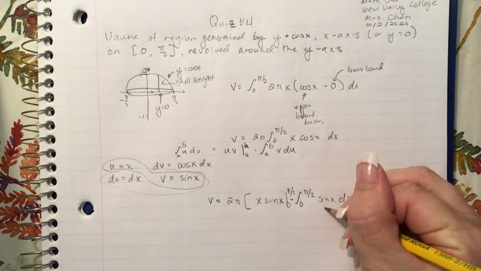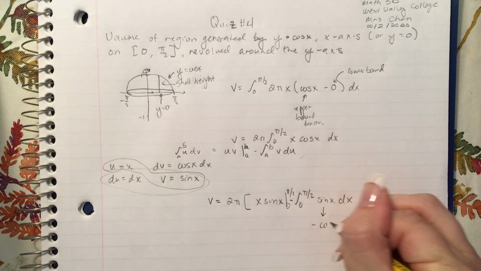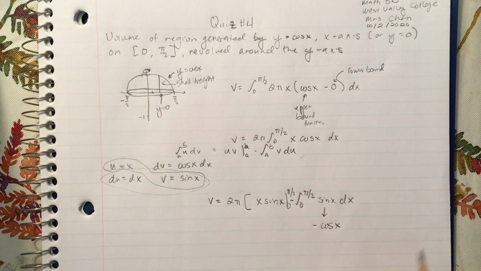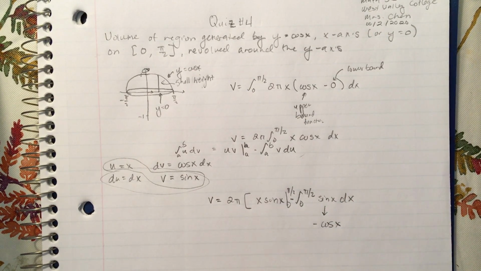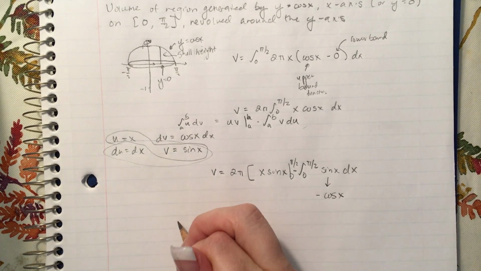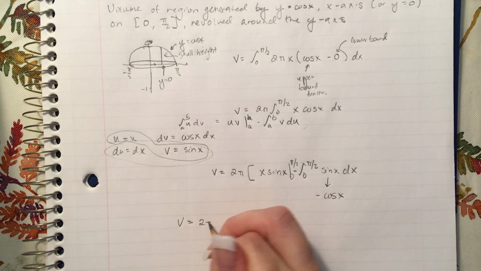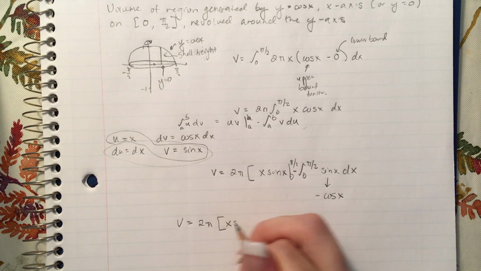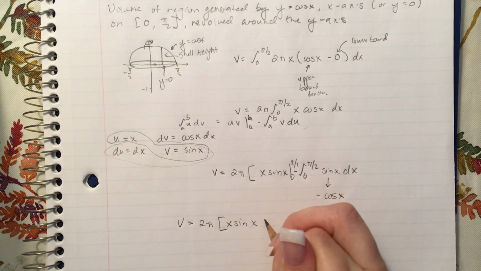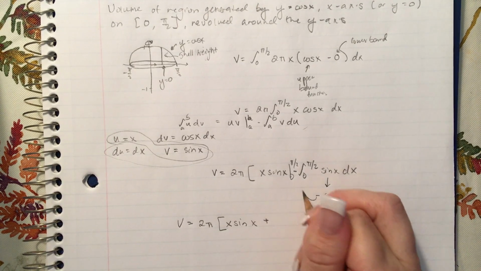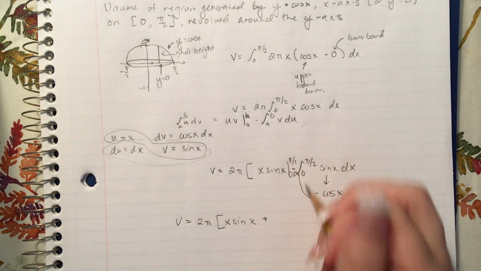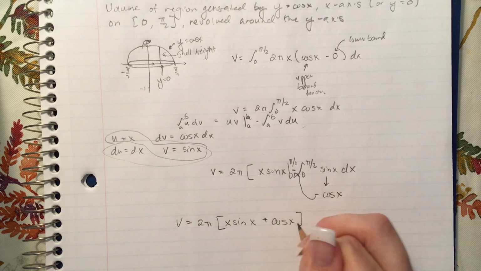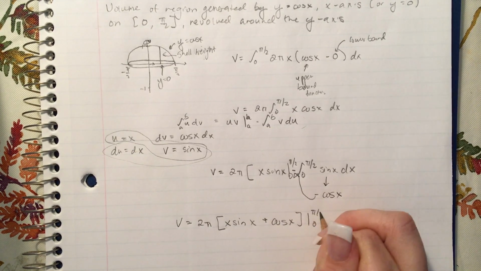And then this becomes negative cosine x. And because it's not an indefinite integral, we don't have to do plus c. So this whole thing becomes v equals 2 pi times x sine x minus, or plus, because this is going to go to plus, cosine x, all from 0 to pi over 2.